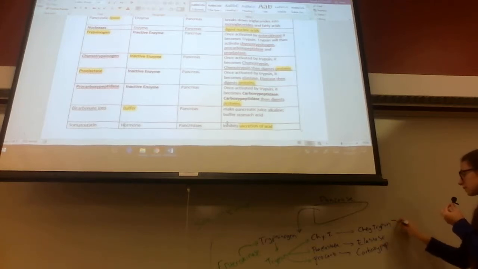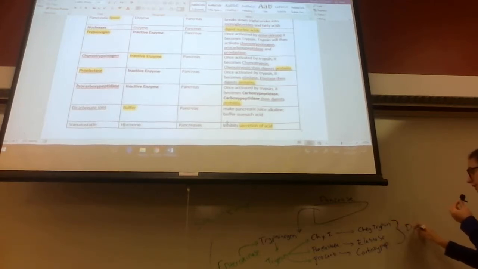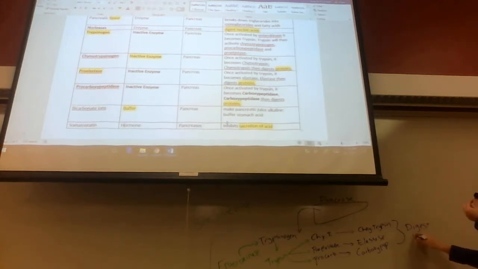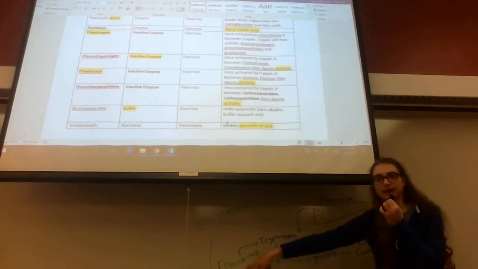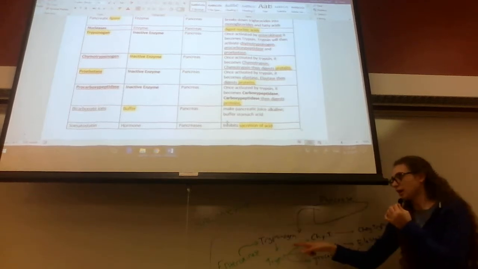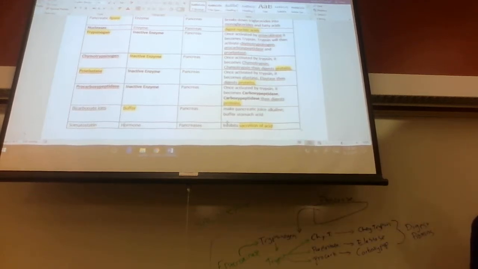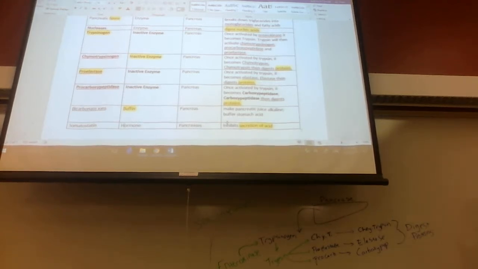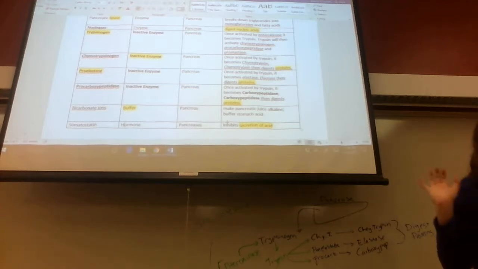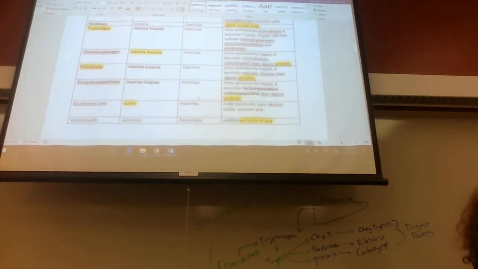And then these all work to digest proteins. Does that make sense? Okay. Basically, they don't become activated until they come into the intestine because they have to be activated by enterokinase. It's a ripple effect. Yeah, that's a very good way of looking at it. Hopefully reading through that helps facilitate learning this.